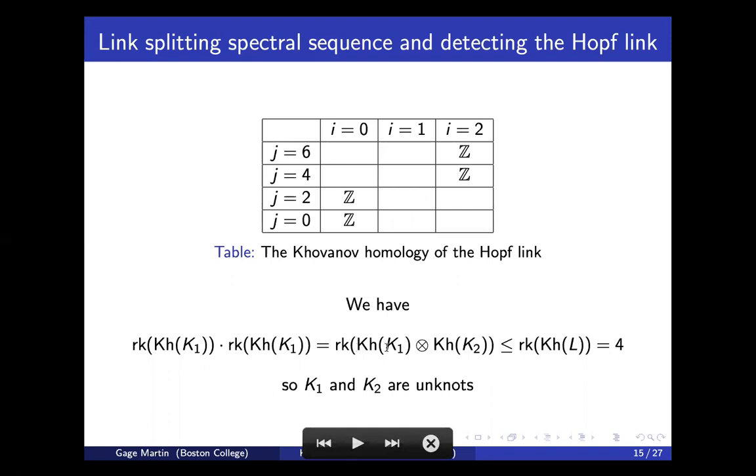And so the rank of the tensor product of the Khovanov homologies of the 2 components is no greater than 4. And so that tells us that the rank of each component's Khovanov homology is no greater than 2. So that tells us that both of our components are actually unknots.